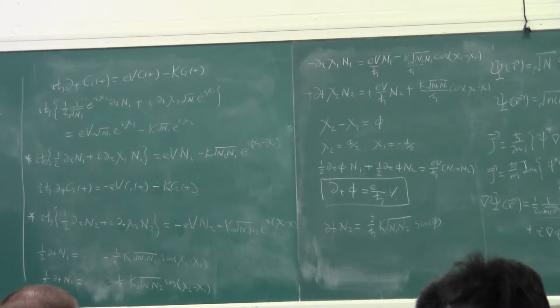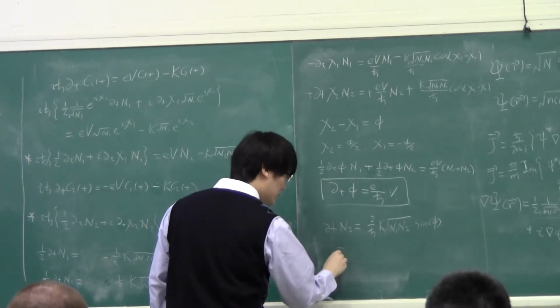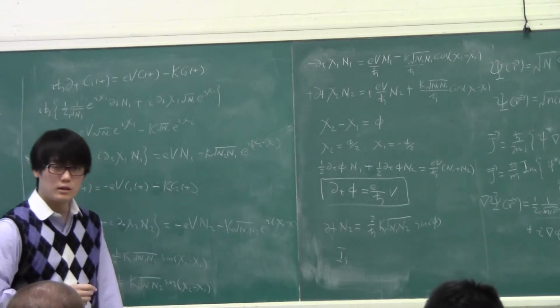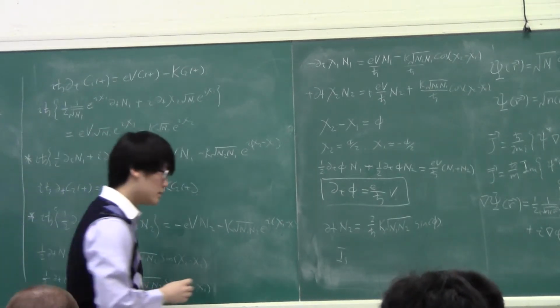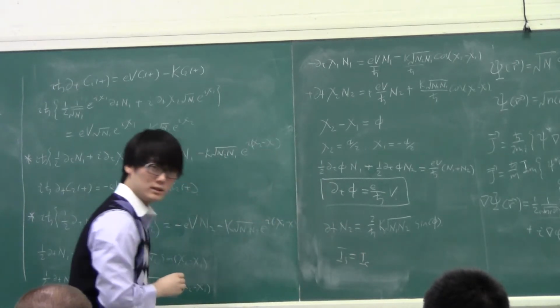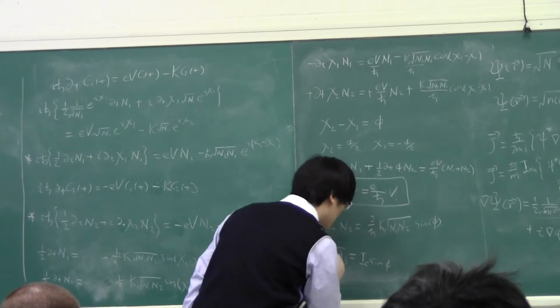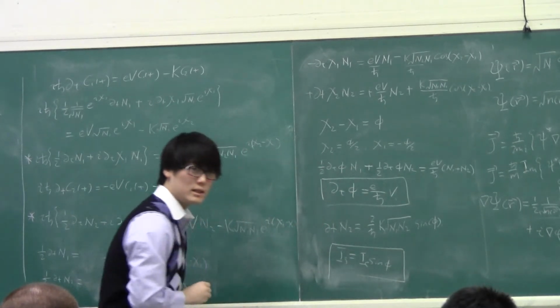So when this side gains particles, we have a positive current. So I can say that the supercurrent that appears across the junction is equal to some critical current times sine of phi. This is the second Josephson relation.